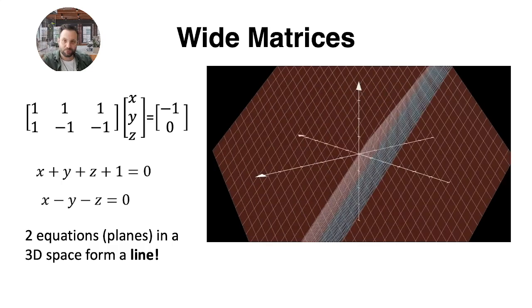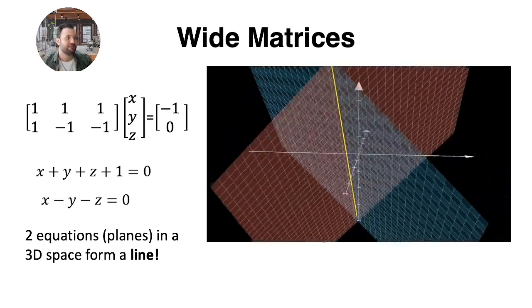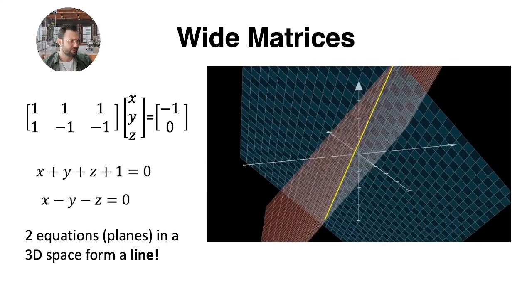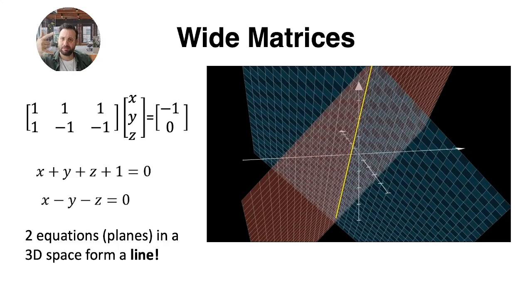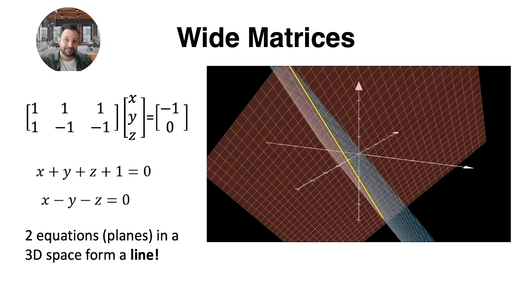And in this world, the planes can intersect, and of course the intersection is going to be a line. That's understandable. So we start with three dimensions, and each equation actually limits the solution space to a lower dimension than the whole ambiguity, knowing nothing.